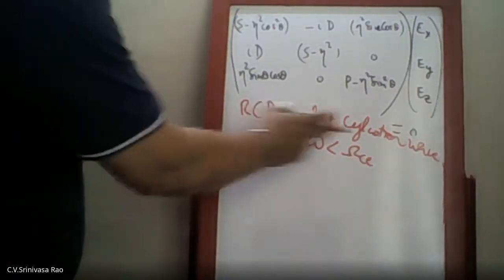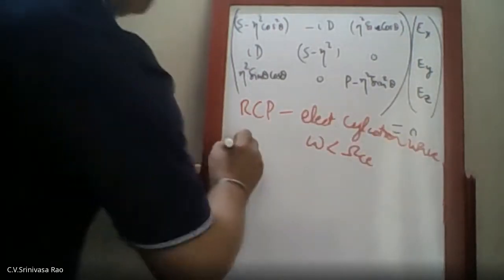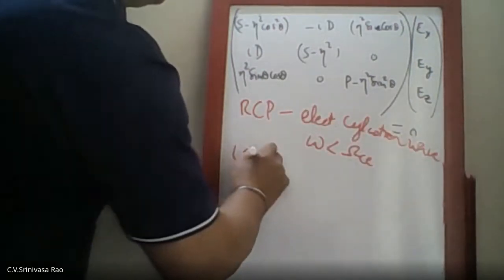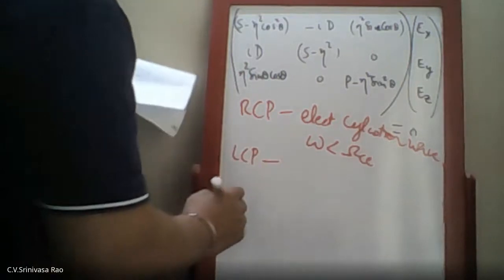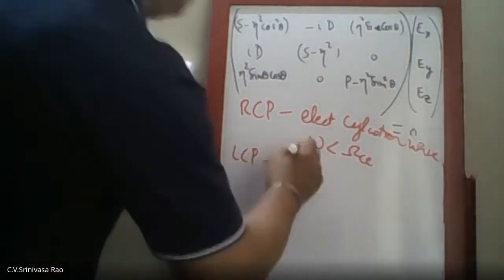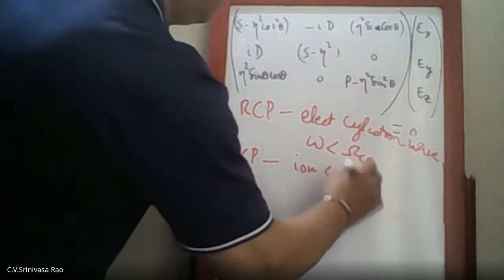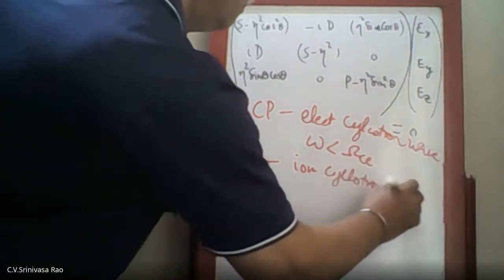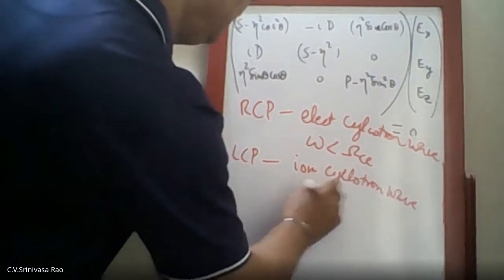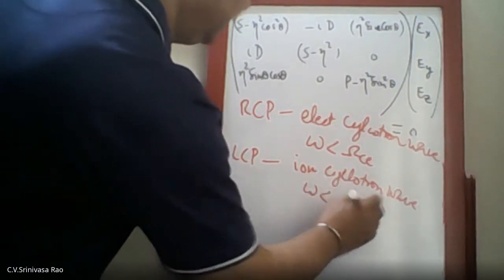So it's called electron cyclotron wave. And similarly, LCP is called the ion cyclotron wave, and omega is less than omega Ci.